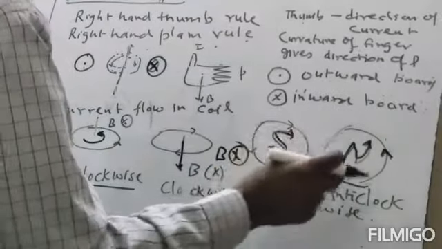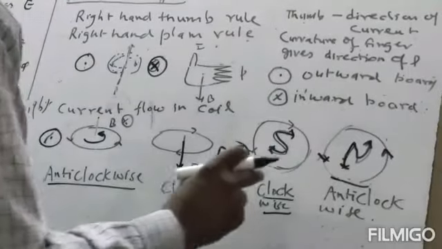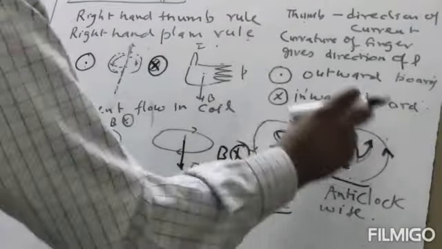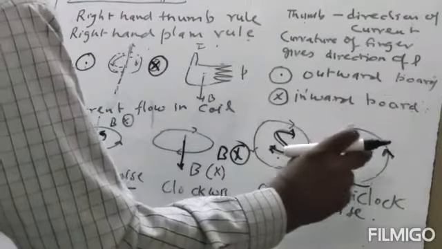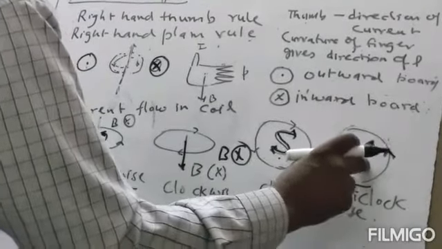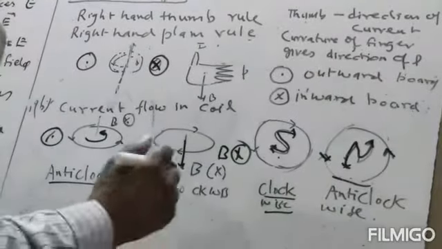And if the current passing through the circular coil is anti-clockwise, then this side will be the north pole.